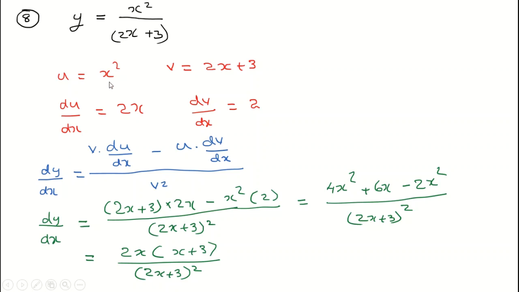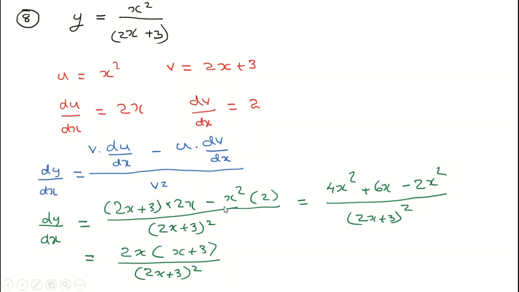Here it is x squared over 2x plus 3. u is equal to x squared, v is equal to 2x plus 3. When you differentiate x squared, it is 2x, and when you differentiate this it's 2. So 2x plus 3 times 2x, minus x squared times 2.